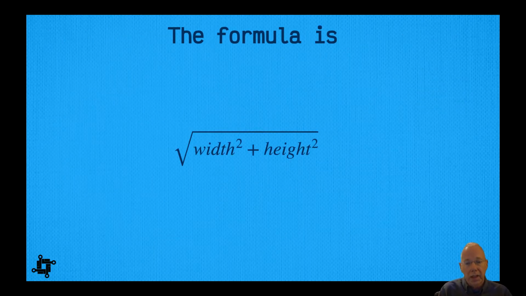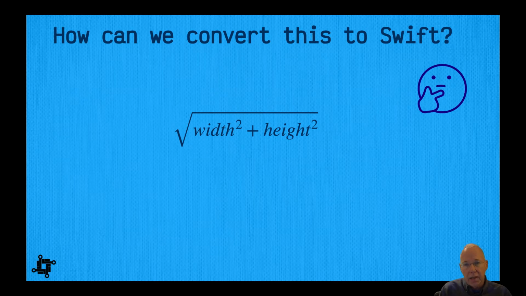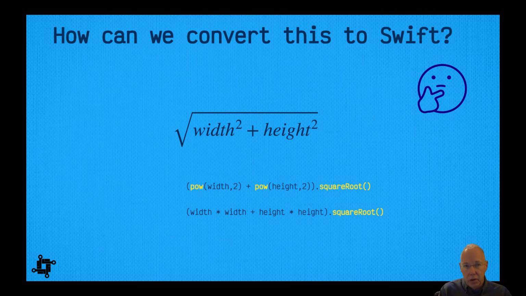So the formula is the square root of width squared plus height squared will give you the hypotenuse. And we can write this and convert this into Swift in the following way. There's two functions that you can use to do this. One is the pow function, which means power.